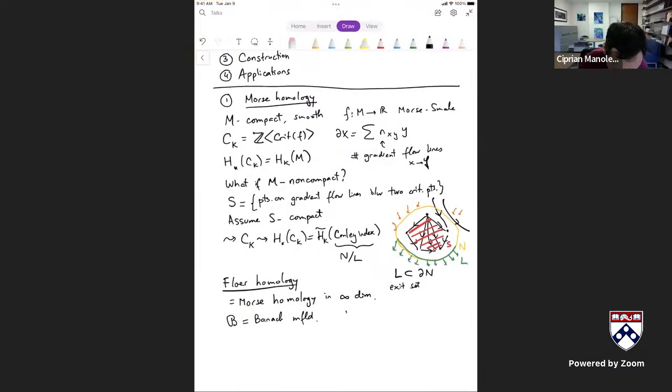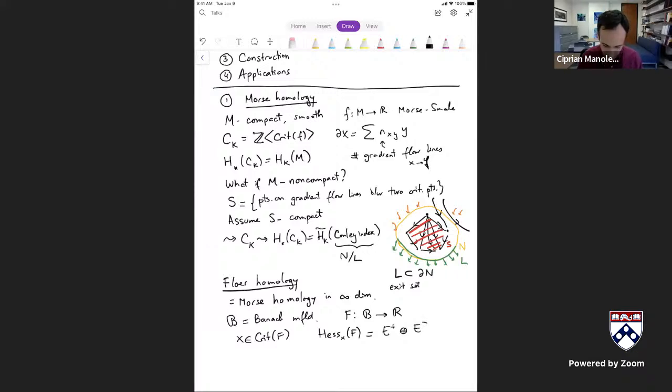Okay, we have a Banach manifold and a functional on this Banach manifold, and we have critical points. And now the Hessian of F, so before, we're assuming it's non-degenerate, and before it was splitting into positive and negative eigenspaces.